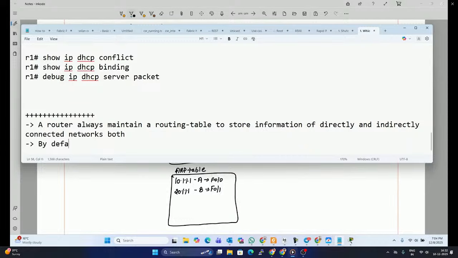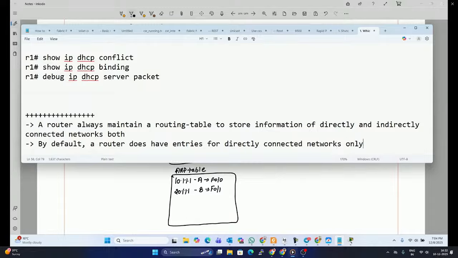By default, a router does have entries for directly connected networks only. It does not have information for indirectly connected networks.